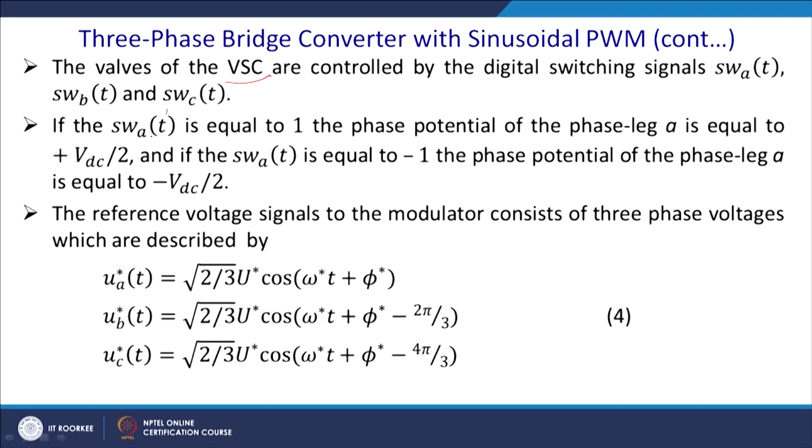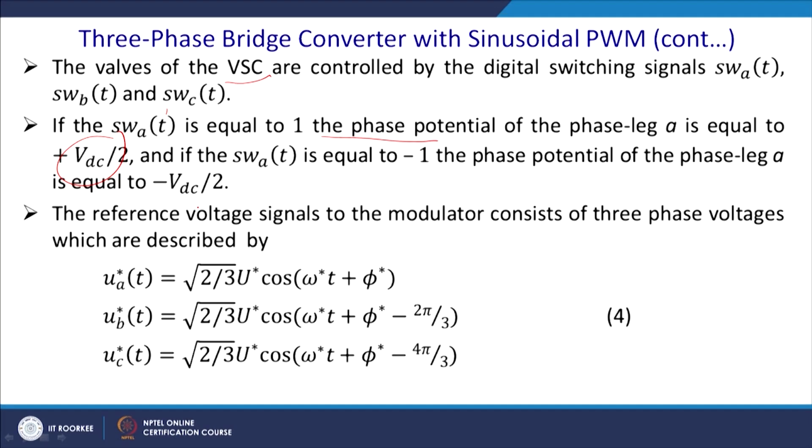If SWA is equal to 1, then the phase potential of the phase leg A is VDC by 2, and if SWA is equal to -1, then the phase potential of the phase leg A equals minus VDC by 2.